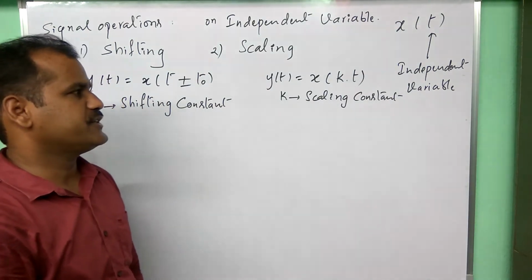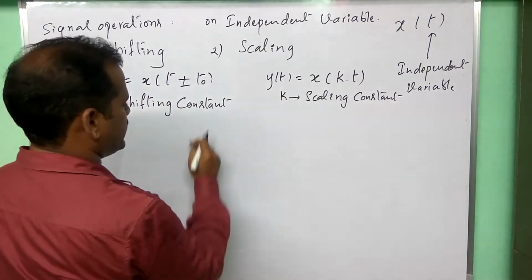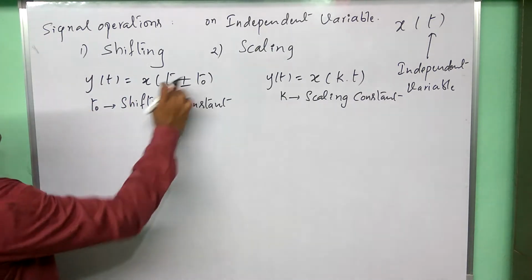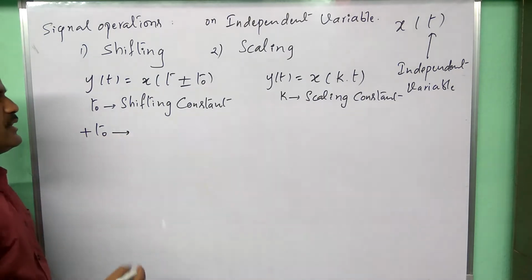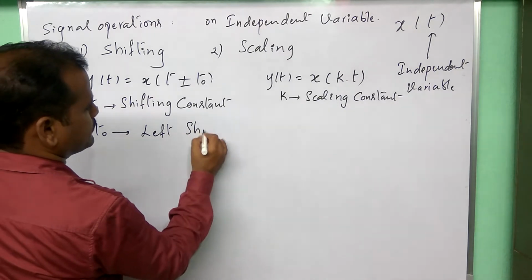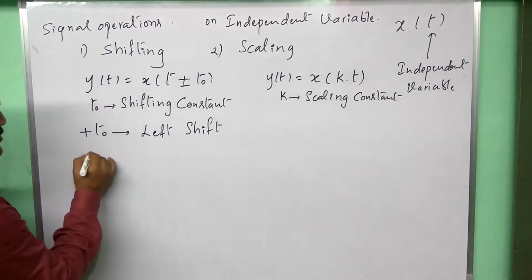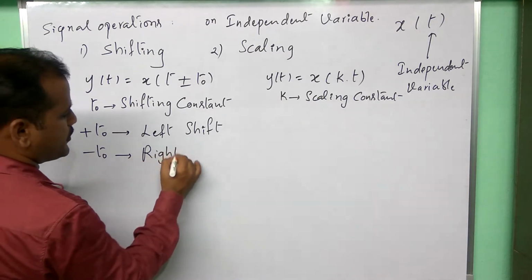So x of kt is the scaling operation here, and based on the values of t naught and k, we are dividing into two types again. Plus t naught is taken as left shift operation, whereas minus t naught is taken as right shift operation.